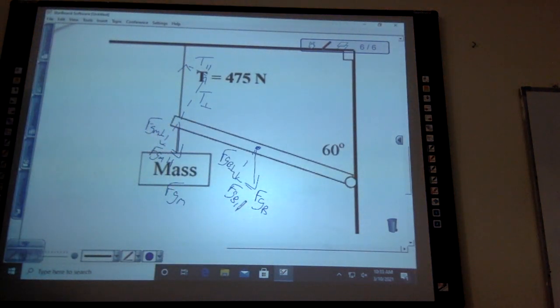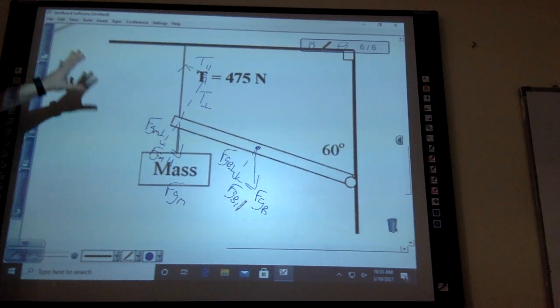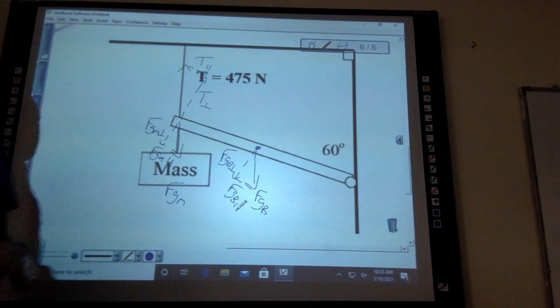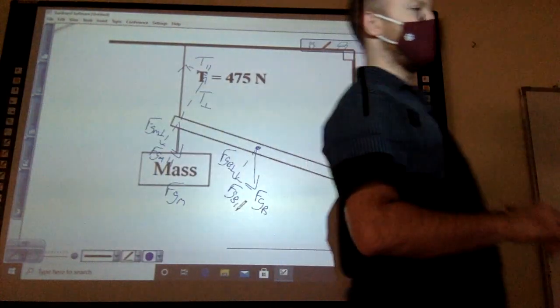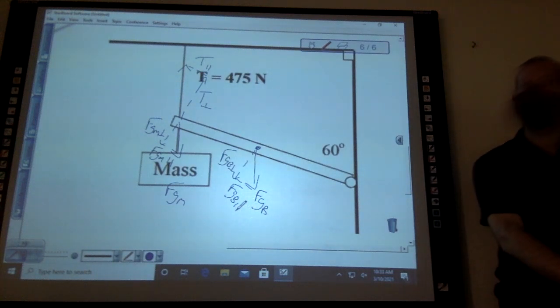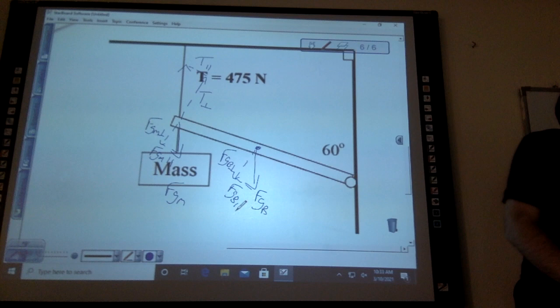So all I've really done is just draw the forces and break them into components. Again, the tricky part is, where does this angle lie? Where is the angle in this case?